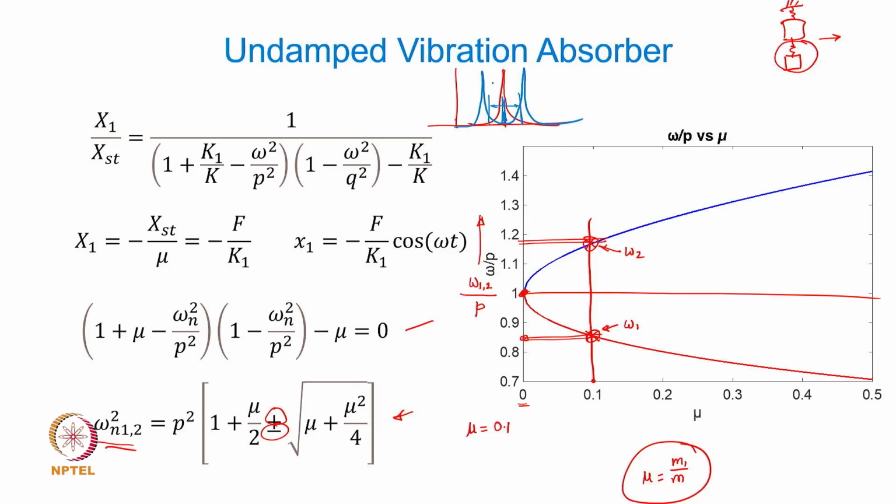And usually this difference will not be so significantly large that you can enjoy a long operating speed range. And why is that so? Because if you look at this mu, and you attach a larger m1, that means you attach a larger mass, which causes this mu to be larger, you can definitely enjoy a much wider difference in these two frequencies.